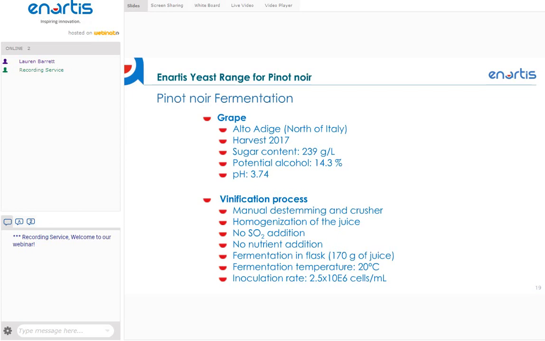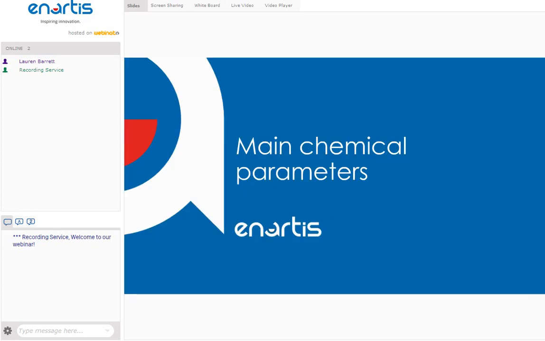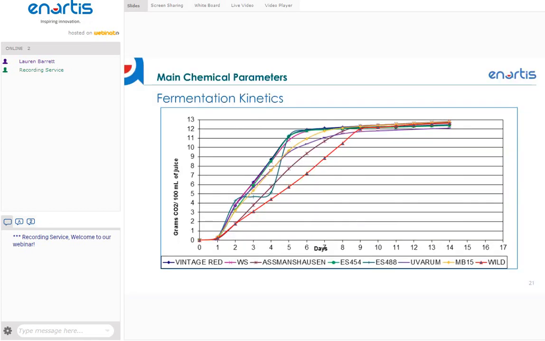Now we're going to be diving into some of the main chemical parameters that we found with these fermentations. Here we have a fermentation curve, going off the loss of grams of CO2 per 100 mL of juice over days. What we can clearly see is that in red, the wild or spontaneous fermentation had the slowest fermentation kinetics compared to the rest of the portfolio, which all seem to finish a day or two earlier.